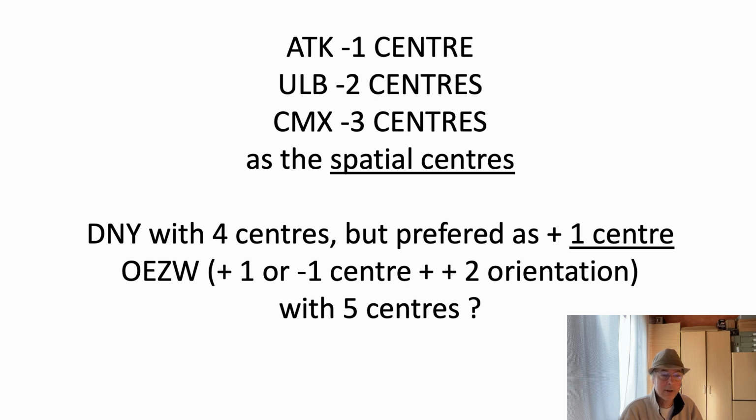It's just the association that is made there, but it exists. But I only used the +1 or -1 or +2 orientation, but I didn't focus upon the 5 centers. Is this possible?